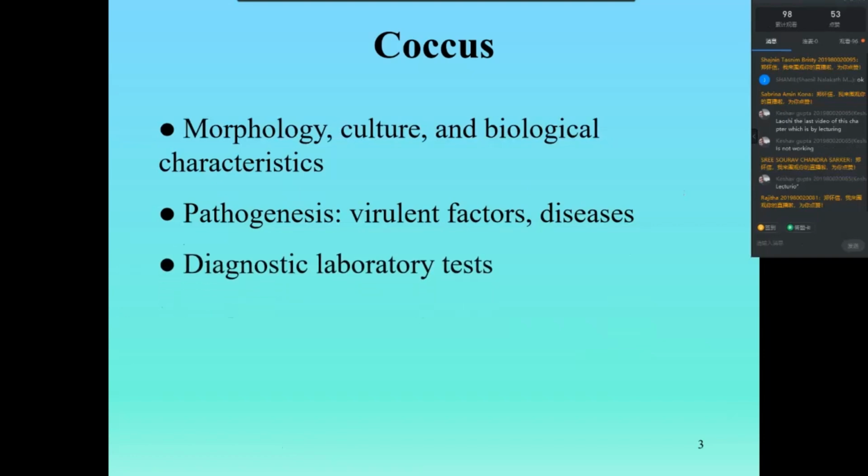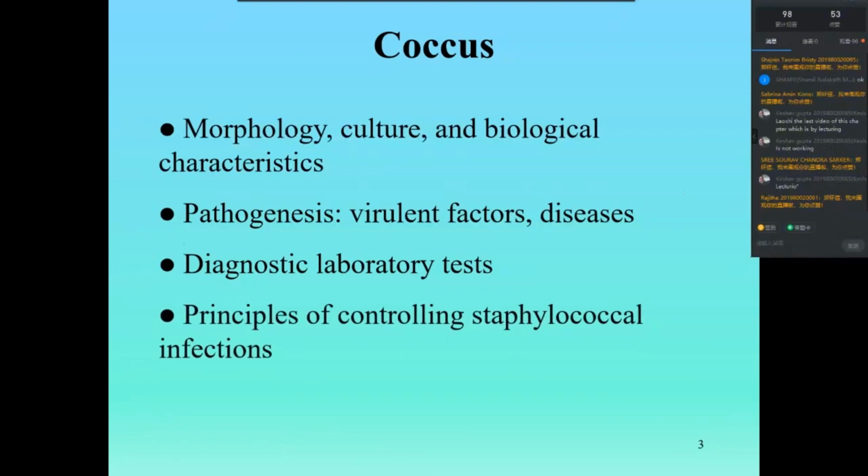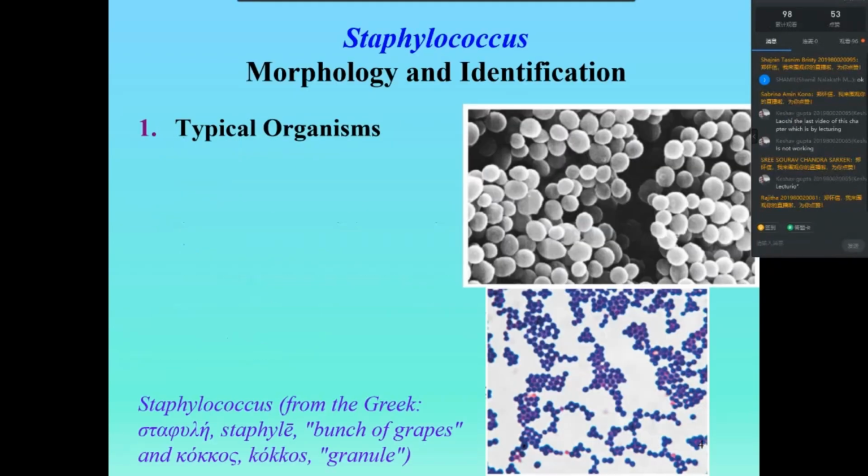Then we'll learn how to diagnose infection by different pathogens, that is, the laboratory tests people use in hospitals or microbiology labs. We'll also learn the principles of controlling infections. Today, for Coccus, we'll learn the principles or methods we can use to control staphylococcal infections.